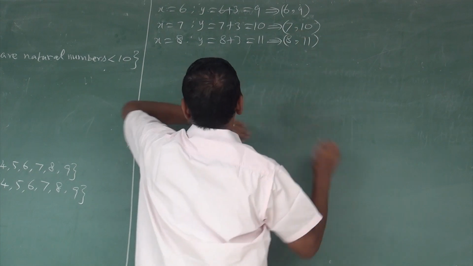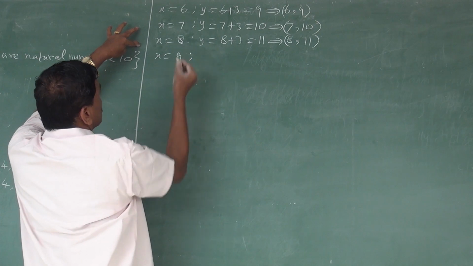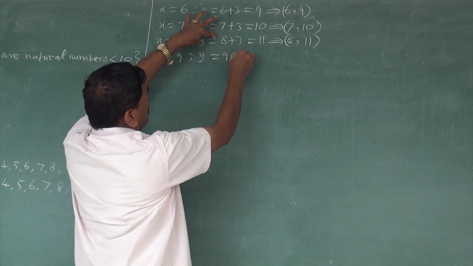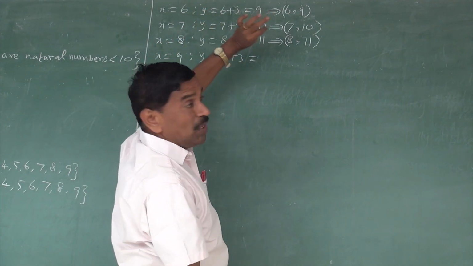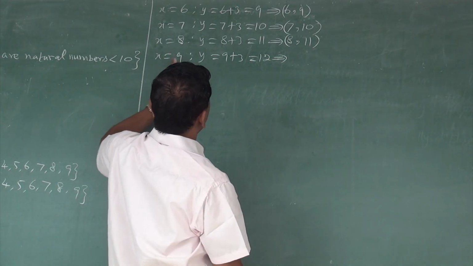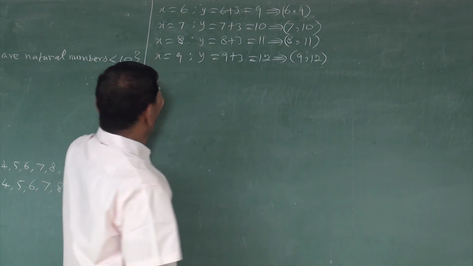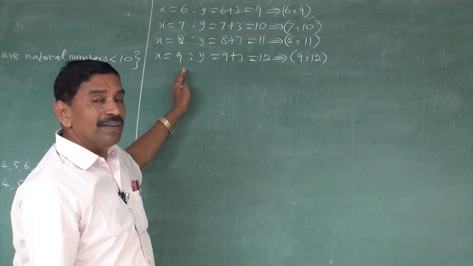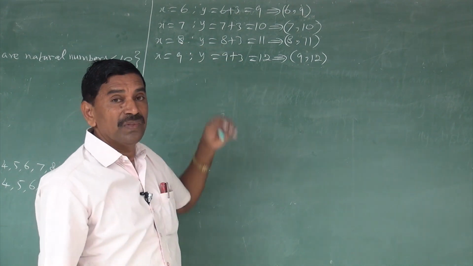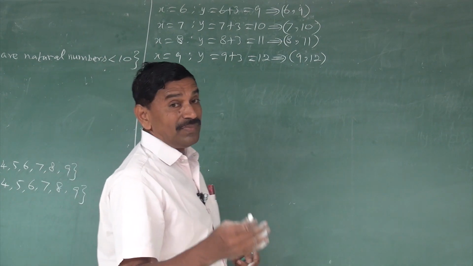Next x value, 9. x equal to 9, y is equal to 9 plus 3, which is equal to 12, so the ordered pair is 9 comma 12. Now, when x equal to 10, not possible, because x can take the values from 1 to 9. Both x and y can take the values from 1 to 9.